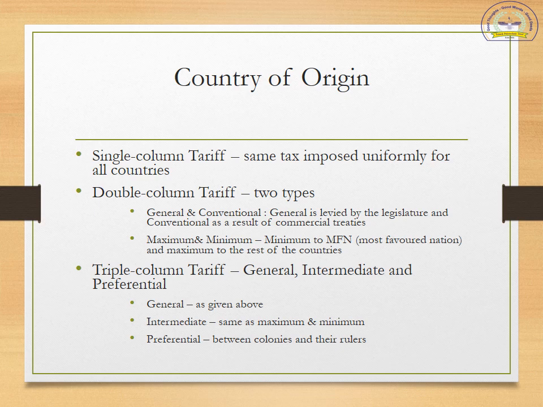And the triple column tariff consists of three autonomously determined tariff schedules: the general, intermediate, and the preferential. The general and the intermediate tariffs are similar to the maximum and minimum rates under the double column tariff system. The preferential rate is generally applied in case of trade between the mother countries and its colonies.